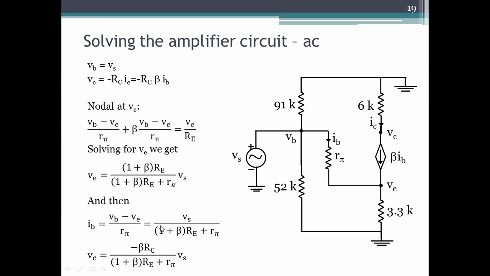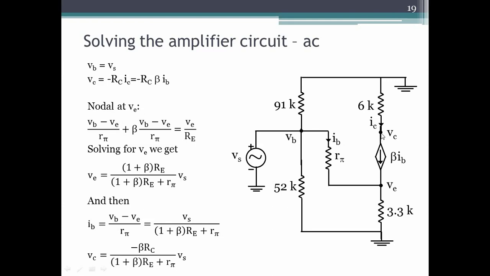So we can find IB in terms of Vs. And then we can find VC in terms of Vs. VC is minus beta RC into IB, so minus beta RC into all this. Okay, so we've got both these voltages in terms of the input source voltage. So we have solved this circuit and found the output.